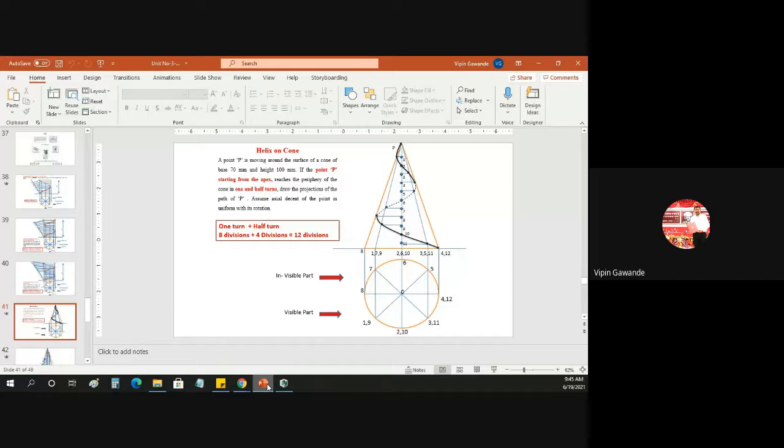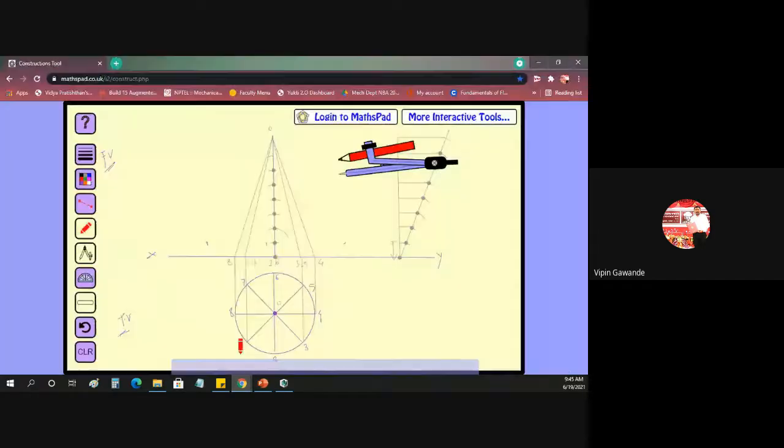Now in this case, see what we'll do. We can take the divisions from the top side also. The helix will come from the top side, or the helix will come from the bottom side. From any direction we can take. So suppose we take from the top.